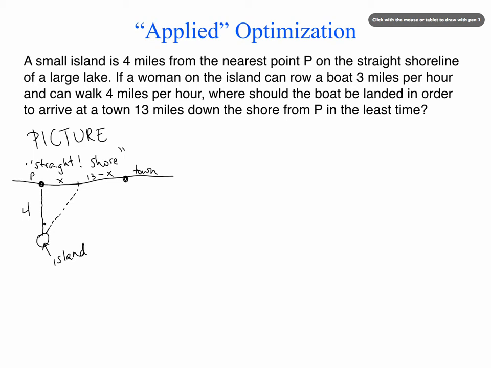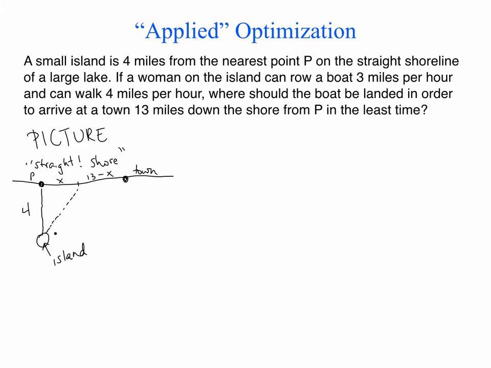So in this case, the only thing that remains constant is the distance from the island to the shore and the distance from the point closest to the island and the town is 13, right? But where you actually row to on the shoreline, that could be anything, right? We don't know what that is, so we're going to use a variable x to label that, and then I can label the rest of the distance 13 minus x, because that's what it would be.